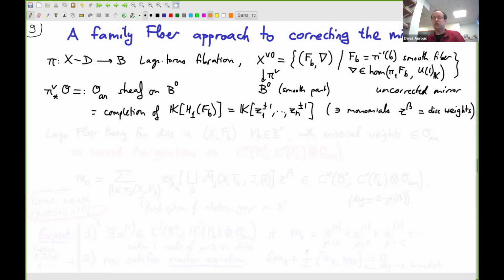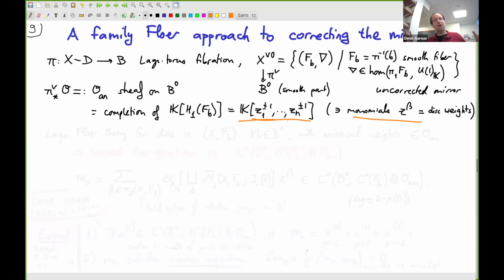So the coefficients with which we'll do Floer theory, we've said we are going to use these Novikov weights, but these Novikov weights depend on the local system, which means for a given point of a base B, I end up having coefficients which can be any kind of monomials in these coordinates z_1 through z_n. If you want, these weights z^β are going to be Laurent monomials in this.